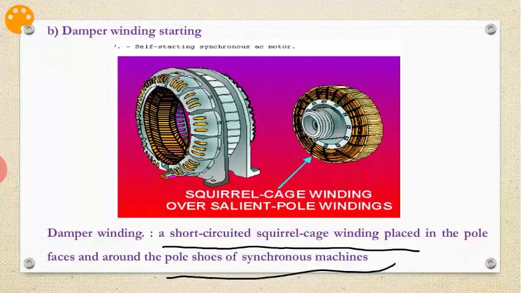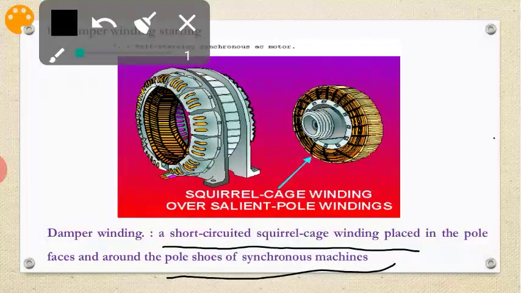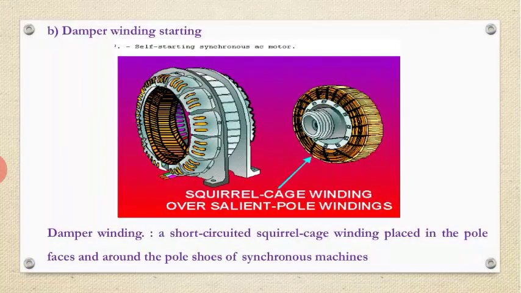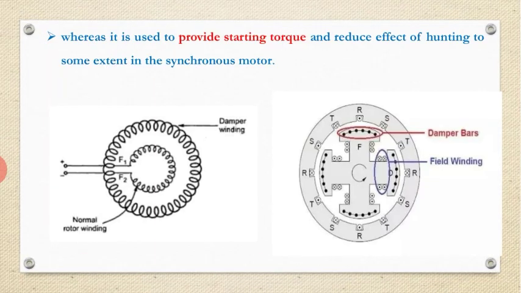When we excite the three-phase AC supply to the stator, the rotor rotates as an induction motor and goes near the synchronous speed. Please note, it will not reach the synchronous speed, it only goes near it.